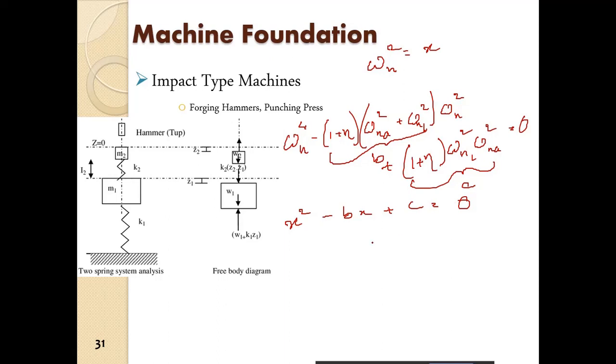Okay, so again a quadratic equation. You can solve that and obtain omega n1 and omega n2, just what we solved in the previous class, so look into that.